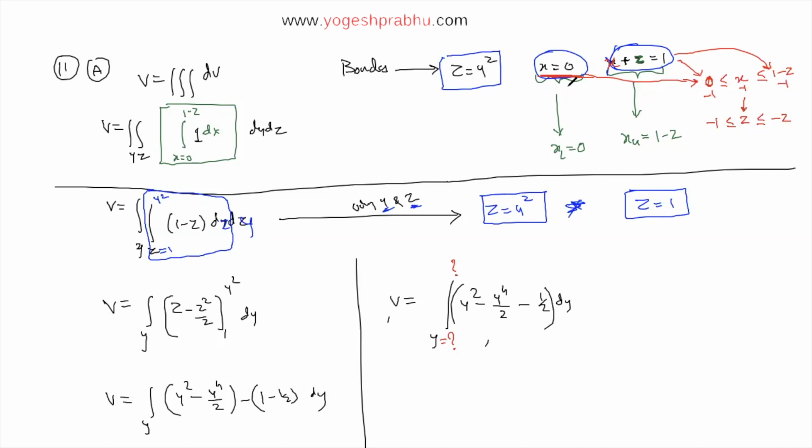So do you know z is equal to y square? Yes. So we have to use z equal to y square somehow. No, I'm really stuck at this.